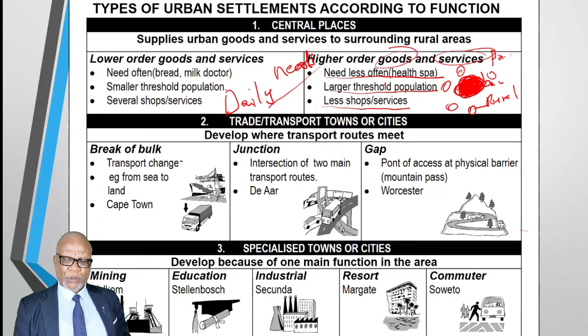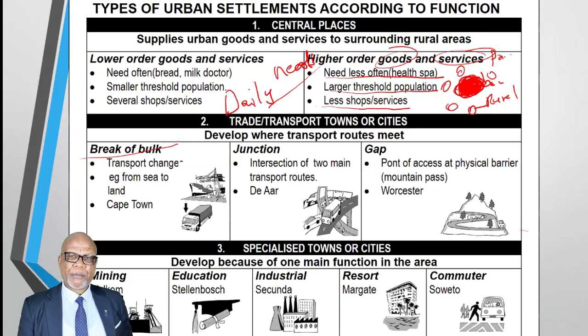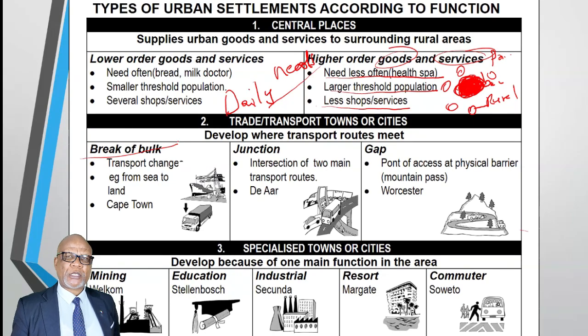So what are trade and transport towns? Number one, we have break of bulk. When you go to the coast, actually all of your coastal towns will be break of bulk points, in such a way that products will be coming in by water transport and will be loaded onto road transport or rail transport.